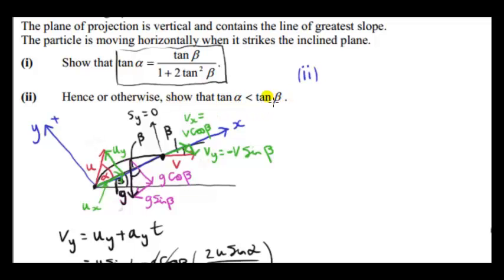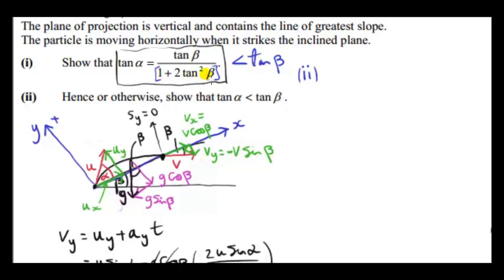Now part 2 is actually very easy. We just note that this fraction here is obviously less than tan beta. There's nothing really physical going on here. It's just tan beta divided by something that's bigger than 1.